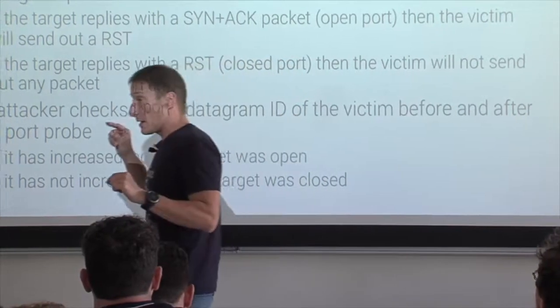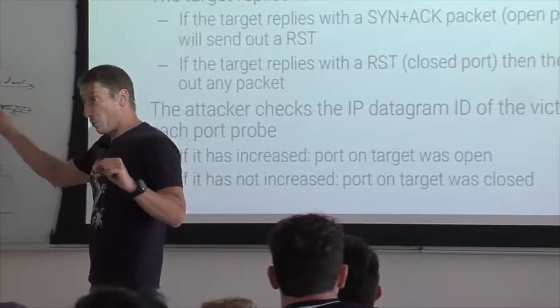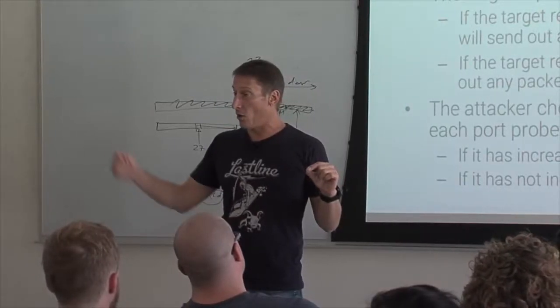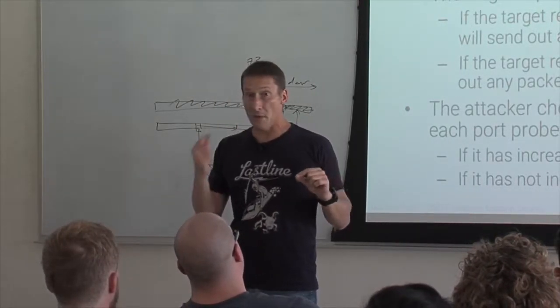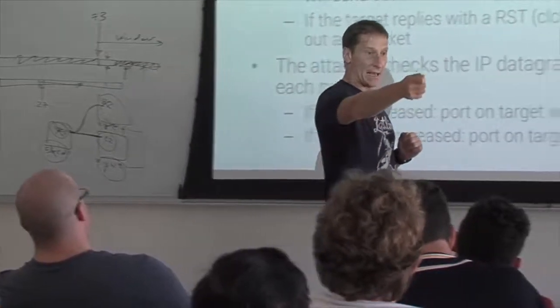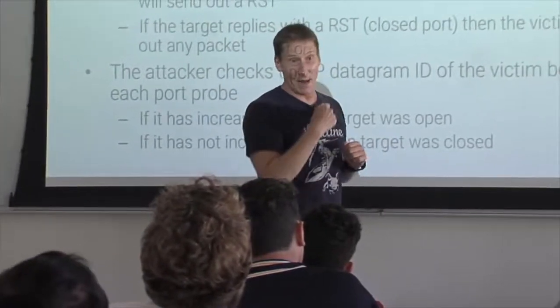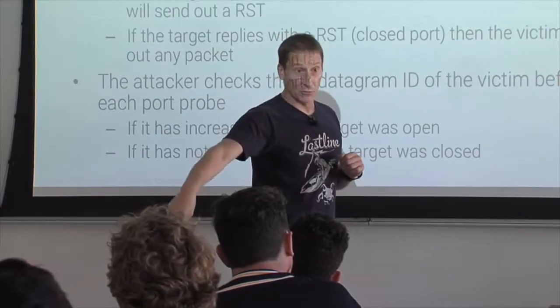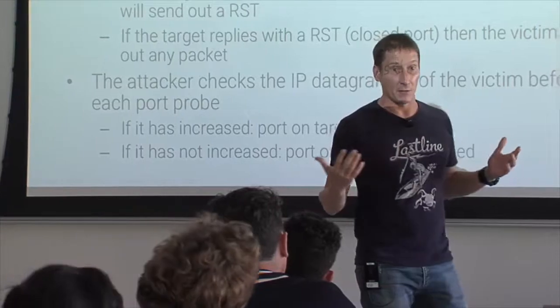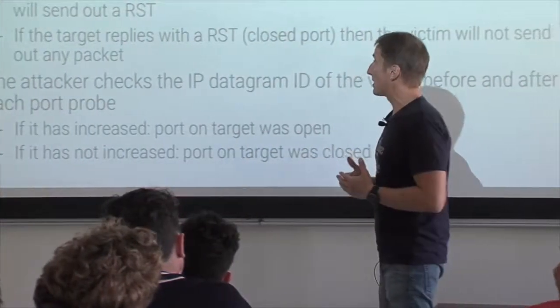Now, depending on whether the port is open or not, the target will send back a SYN-ACK or a reset. But you remember, in blind IP spoofing, you can send a spoofed IP packet, but the reply is not sent back to you, it's sent back to the relay. So how do you know which packet has been sent?